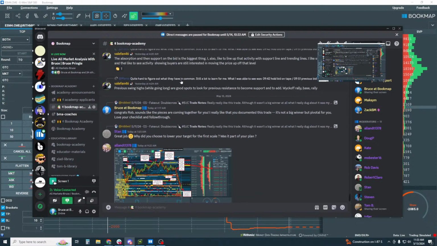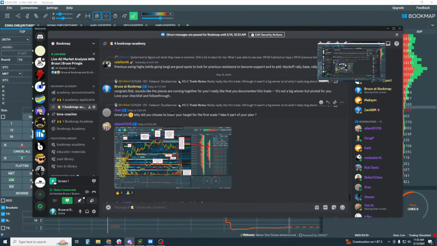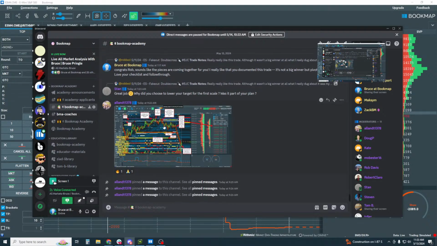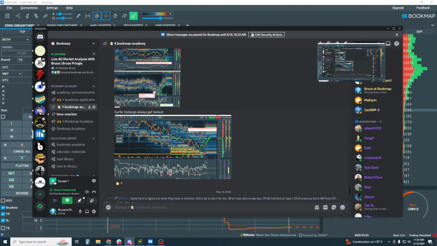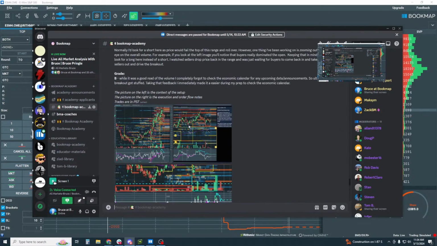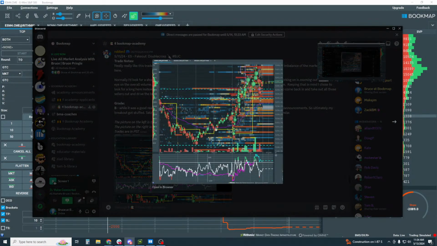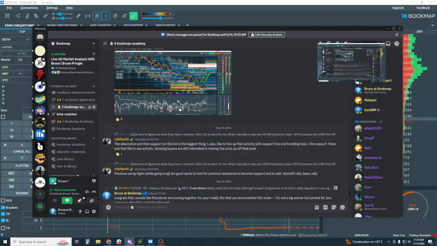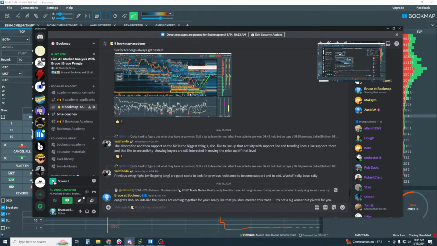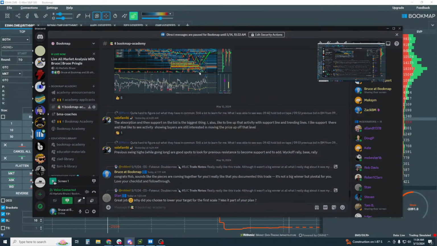This is our Bookmap Academy community, and it's supportive. We'll go through, give some feedback on some of your trading activity in here. Robbed, by the way, really nice. I really liked what you wrote in here. In fact, I put it into our insights page. Here's Crash F16 going through his setups for NQ. He's in NQ.